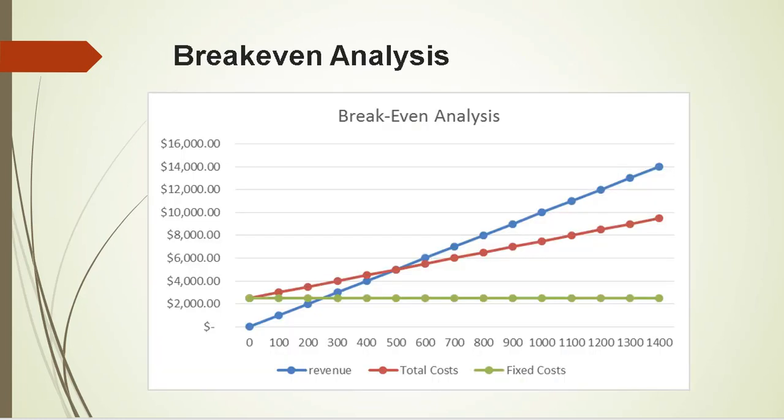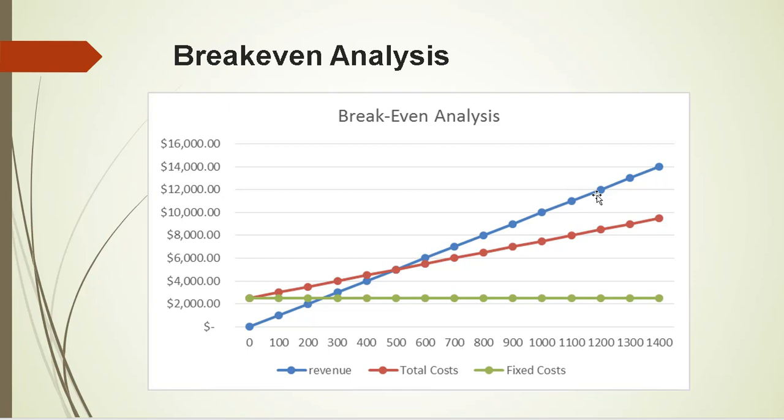So if we look at this graphically, the green line here is fixed costs. The revenue is the line here. The total costs is the fixed cost plus variable cost. So as units go up, we have an increased line here.